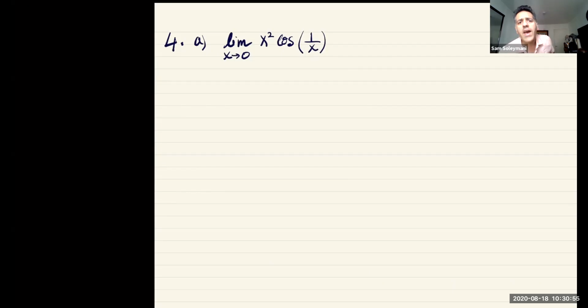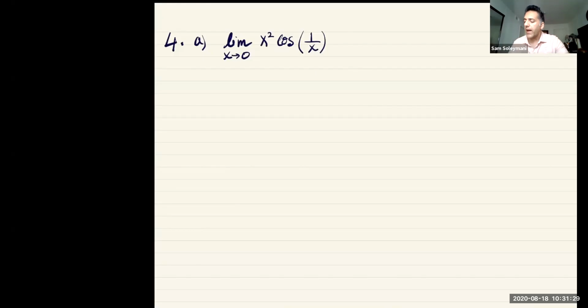If you actually graph cosine of 1 over x at 0, it's going to behave erratically. The function is going to jump from -1 to 1 very close to 0. That limit doesn't actually exist. And look, this proves to you guys that I can't use the limit laws.